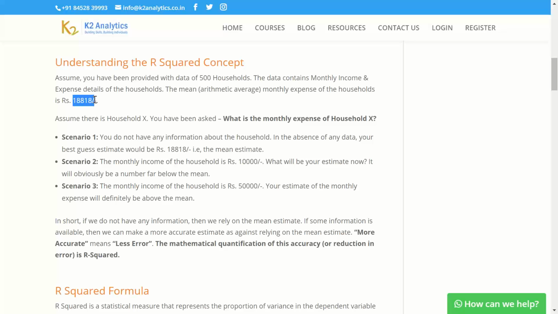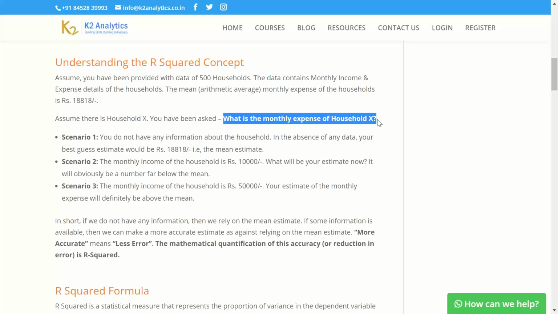Now you are asked a question. What is the monthly expense of household X? That X is unknown. Which household is that? I'm not giving you any information. Where is this household X located? Is it in uptown, or is it in some very poor location of the city?